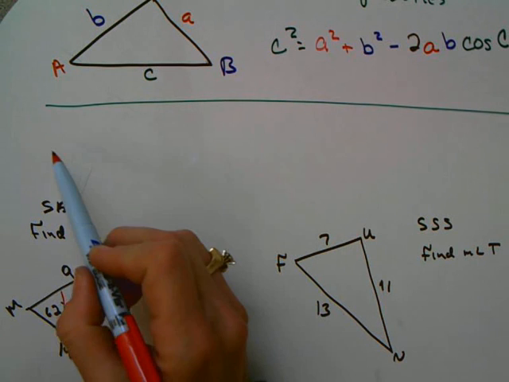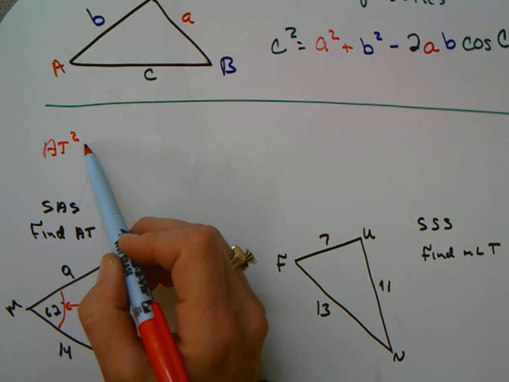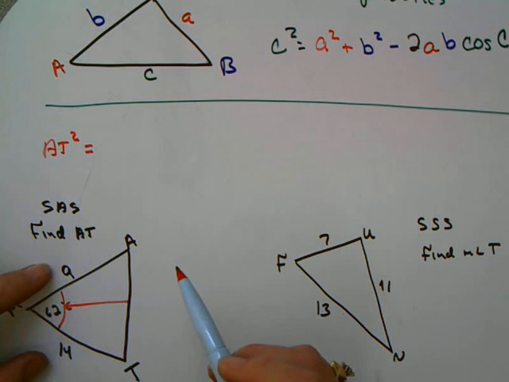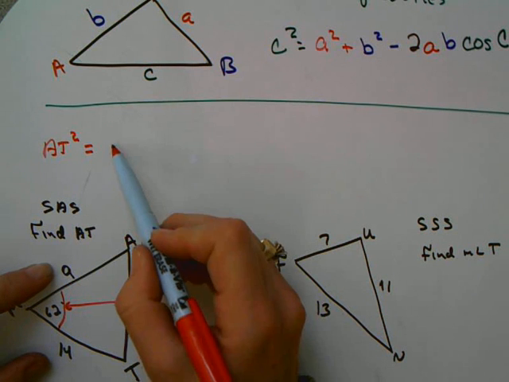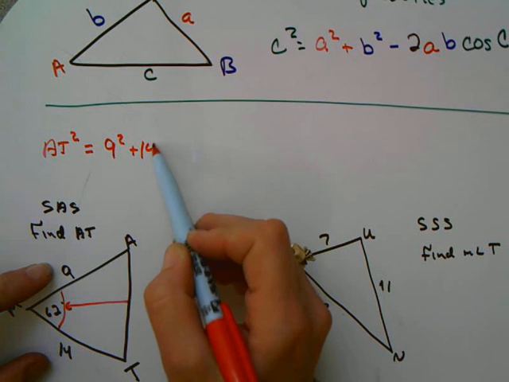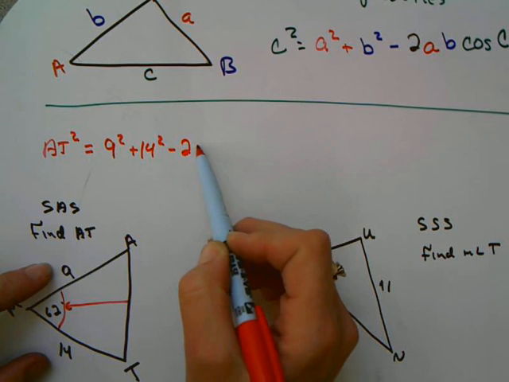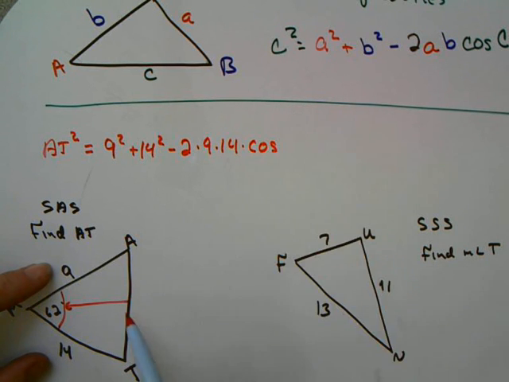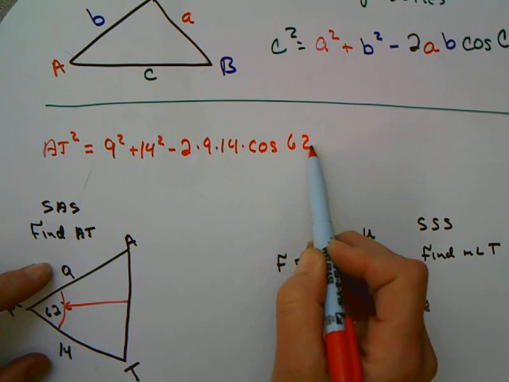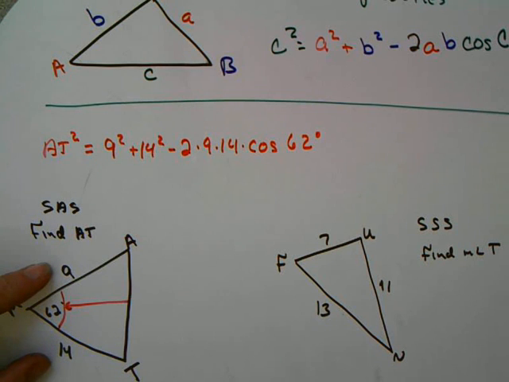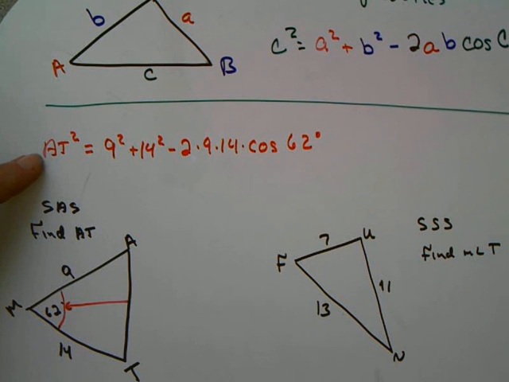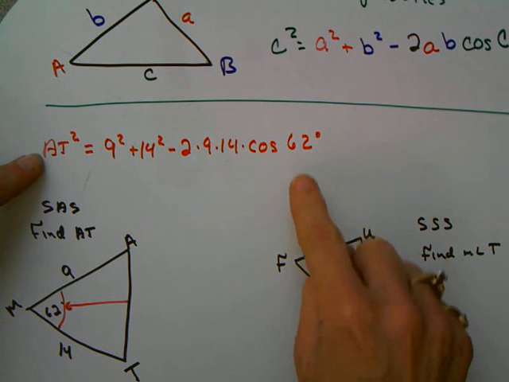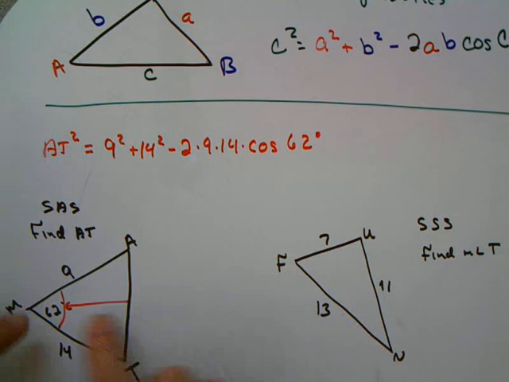So using my law of cosines, AT squared equals 9 squared plus 14 squared minus 2 times 9 times 14 times the cosine of 62 degrees, the angle across from AT. That's all you're doing. The biggie is just the setup. Get the side squared that's alone on the left of the equal sign, across from the angle, cosine of the angle. And then you're good.